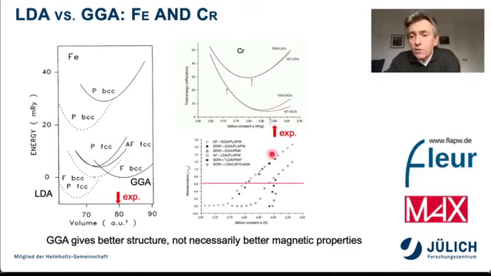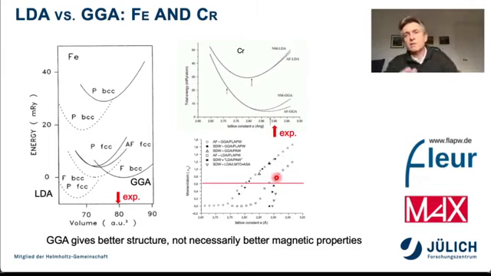Now if we look at the magnetic moment of chromium, this is 1.2 here in GGA, which is almost a factor 2 too high compared to the experimental one, which is 0.6. And as it turns out, if you take the GGA optimized volume and use an LDA to describe the magnetic properties, you get quite good agreement between the theory and the experimental values.